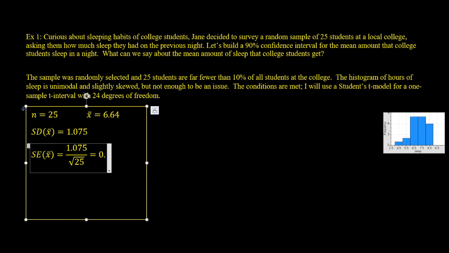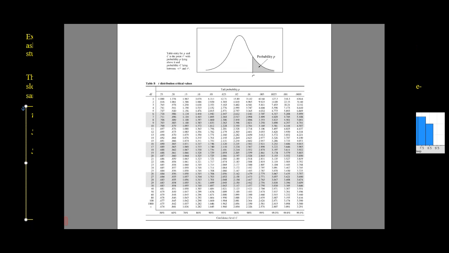To find our t-score, we know we have a sample size of 25, so our degrees of freedom is 25 minus 1, 24. We're going to go to our t-table, and we go down to 24 degrees of freedom, and we go across that whole row. Now we have a 90% confidence interval, and of course, the t-model is two-tailed, so we're not looking at 0.1 up at the top, we're looking at 0.05.